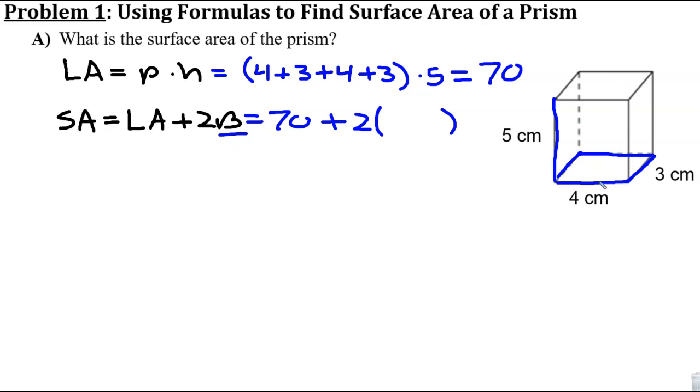In this case, it's a rectangle, just a 4 by 3 rectangle, so we'll just multiply 4 times 3. But if it was a triangle for a base, you'd use the triangle area formula. If it was a circle, like we'll get into in a second with the cylinder, you'd use the circle formula. Okay, we can multiply this all through in one step, and we have 94 centimeters squared for this one here.